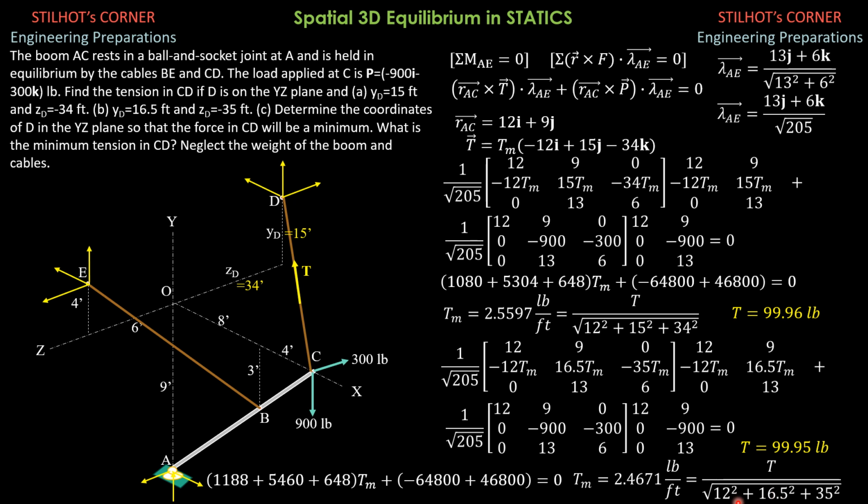So square root of 12 squared plus YD, which is now 16.5 squared, and Z sub D 35 squared, that's the same. Solving for T, T is now 99.95 pounds, so it's still very close to that. It's a matter of 0.01 pound.